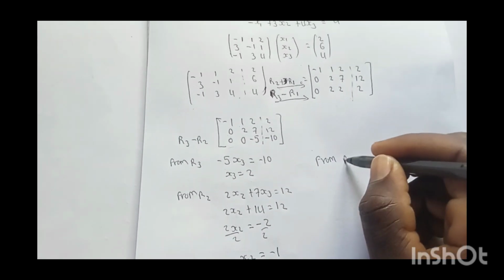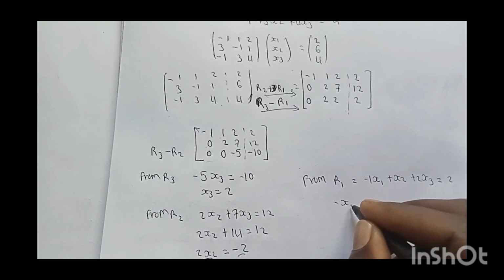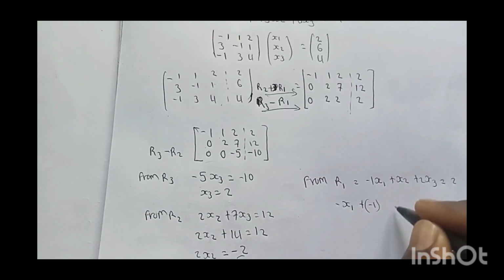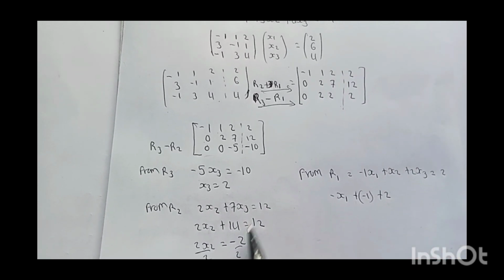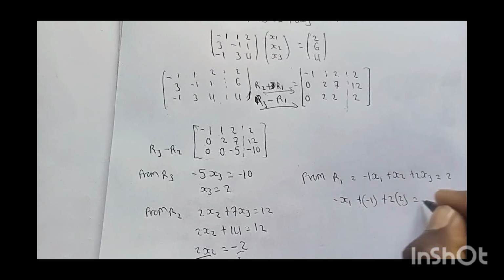From row 1 we will have negative 1 x1 plus x2 plus 2x3 is equal to 2. So it is negative x1, x2 you found is negative 1, plus 2 x3, what did we find? x3 we found was 2, is equal to 2.